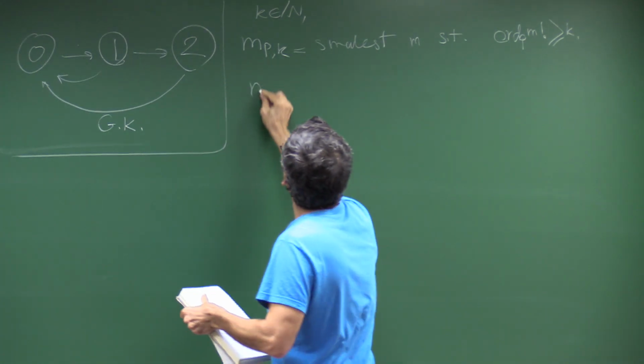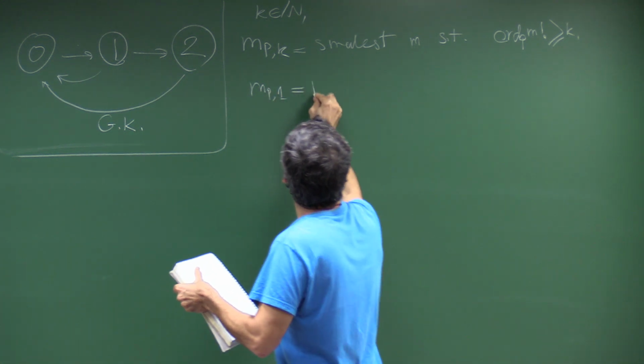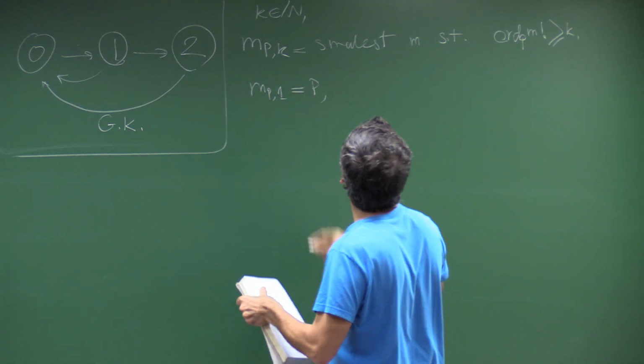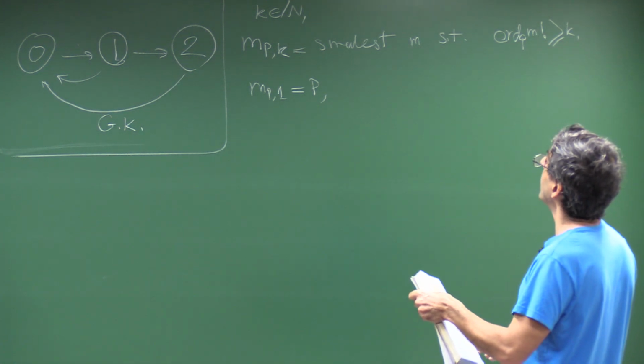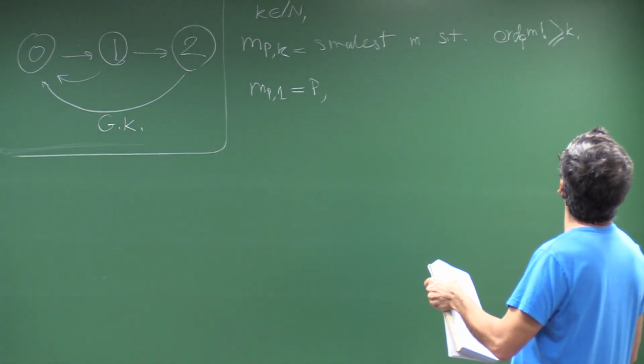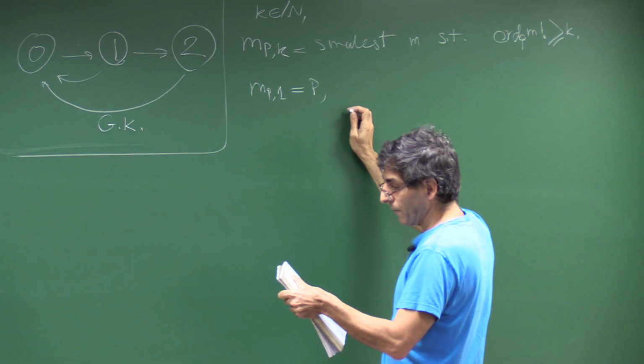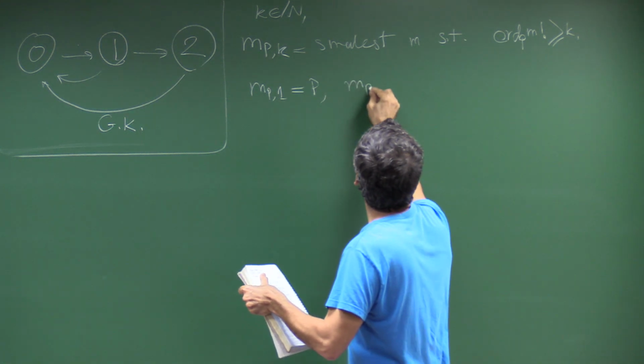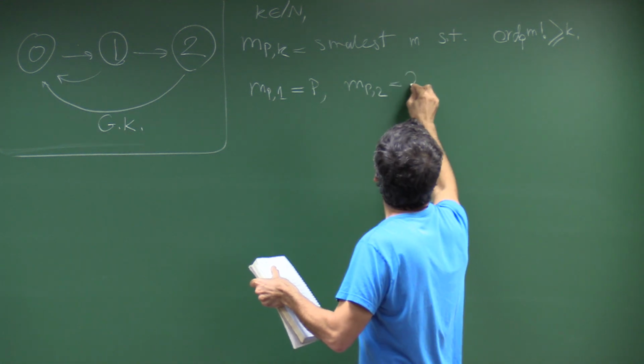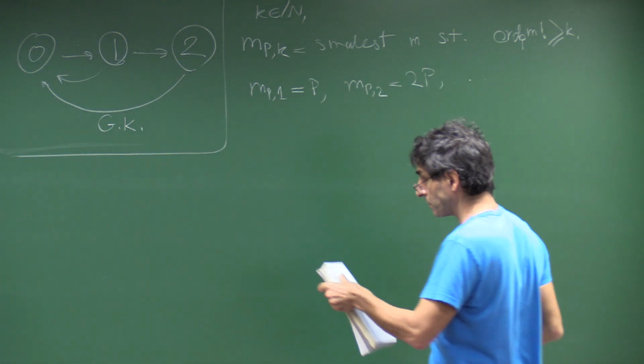For example, M(p,1) is p. Exactly, p factorial has already one p. And then M(p,2) is equal to 2p, etc.